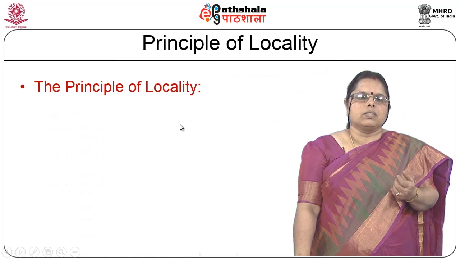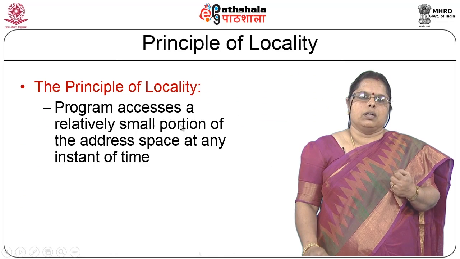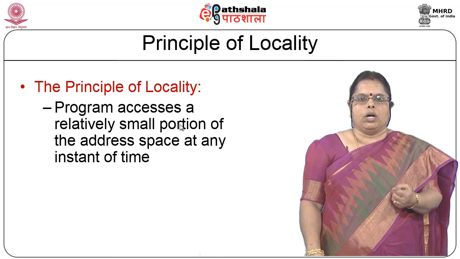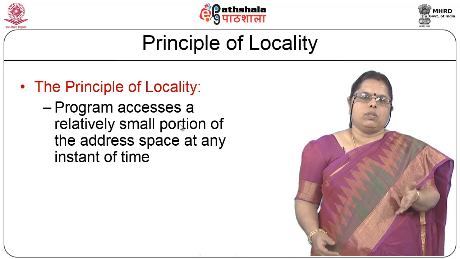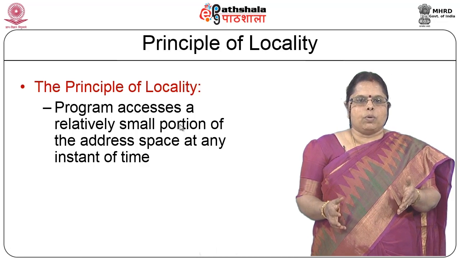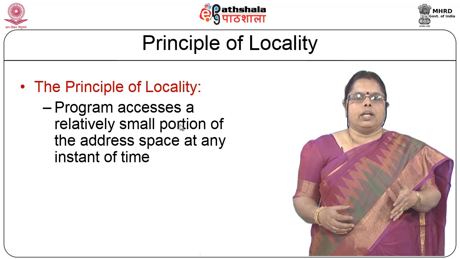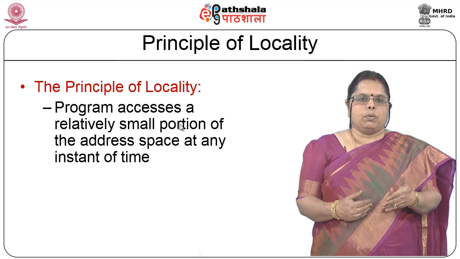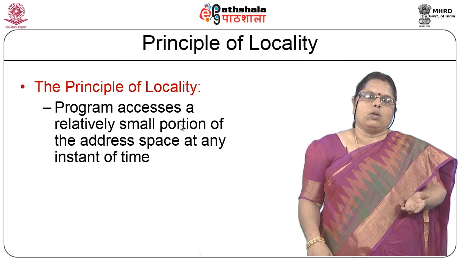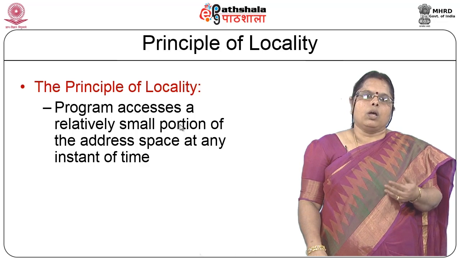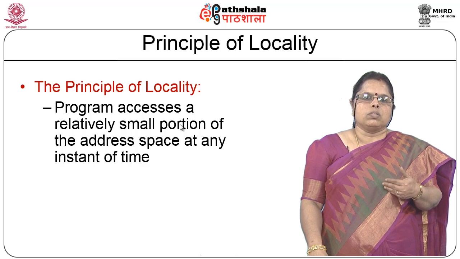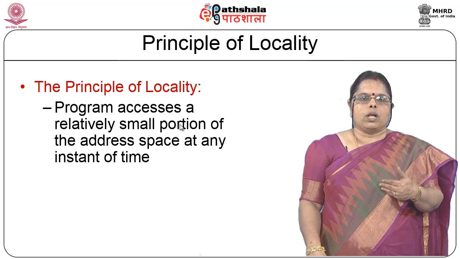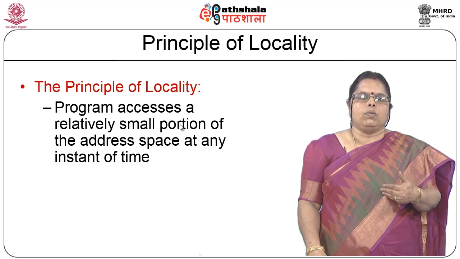Now, why does this hierarchical memory design actually work? What if we have different types of memories at different levels of the hierarchy, and we say that we are going to store only a portion of the data in this fastest memory, because it is only a small memory and cannot accommodate too much information? How is this going to be effective? It is effective because most of our programs follow what is called the principle of locality.